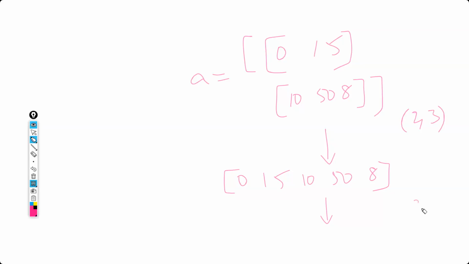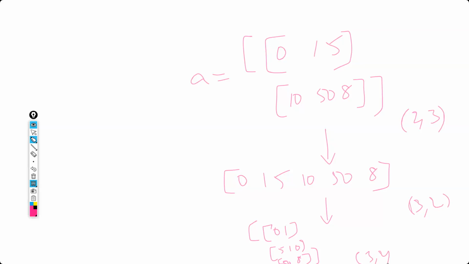After converting to 1D, whatever new shape you are applying will be applicable. Now if you are asking 3, 2, that means 3 rows, with 0, 1, 5, 10, 58, like this it is going to work, and it is going to give 3, 2 in this way. So first it converts to 1D, and from there it converts to whatever shape you require.